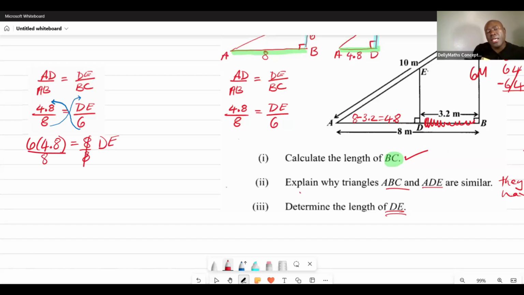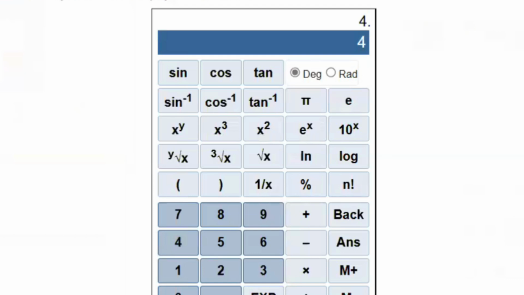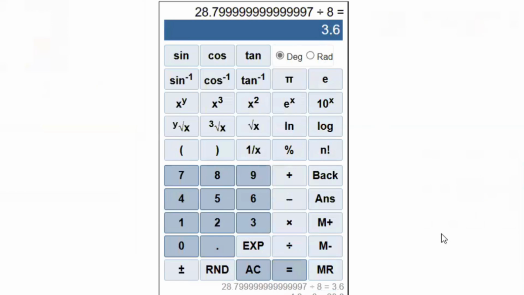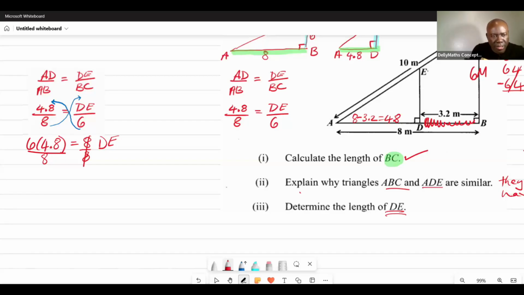You could see DE is equal to that. All we're going to do is put this on our calculator: 4.8 times 6, and divide this by 8. And our answer is 3.6. This gives us 3.6 is equal to DE.